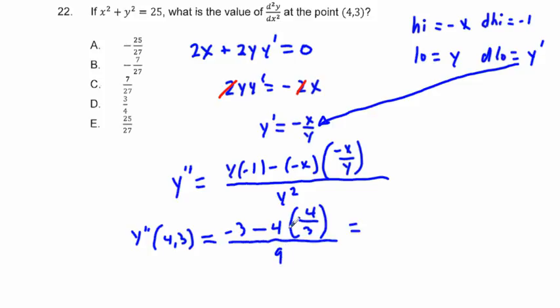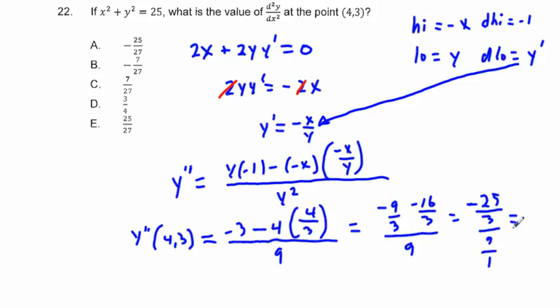And so we're going to have negative 3, which is going to be negative 9 thirds, minus 16 thirds over 9, which is going to be equal to negative 25 over 3 divided by 9 over 1.